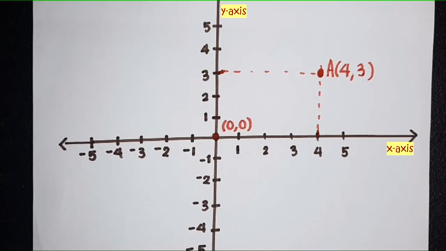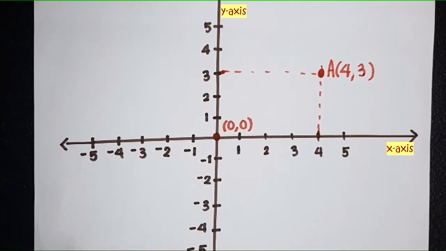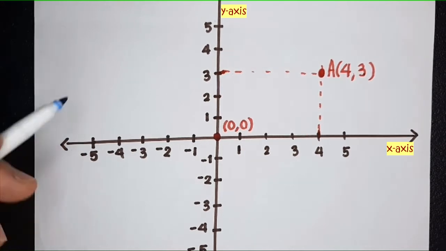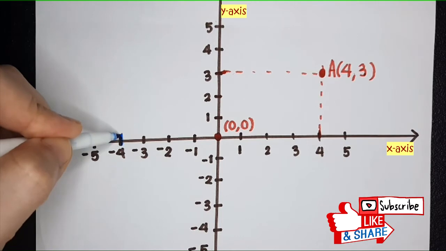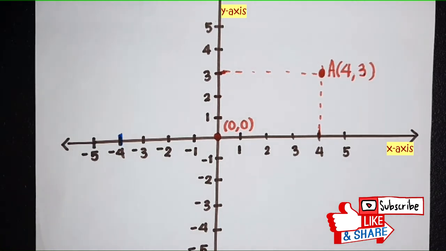Okay, let's do more. What about, let's find point -4, 3. So -4, so you find a -4 on the x-axis. Asan yon? Here. And then sabi -4, 3.